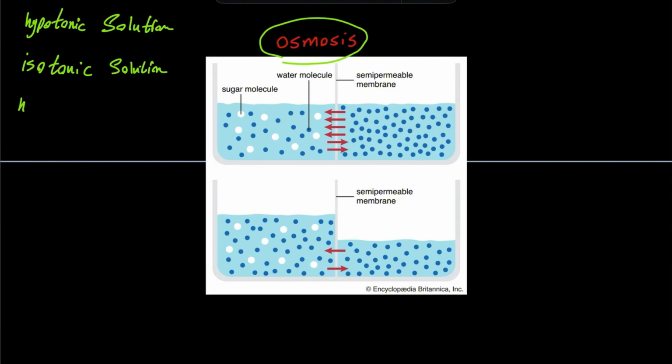In a hypertonic solution, the surrounding fluid contains more solutes than the cell. Water leaves the cell, causing the cell to shrink, a process called crenation. Maintaining the correct osmotic balance is essential for the survival of animals.